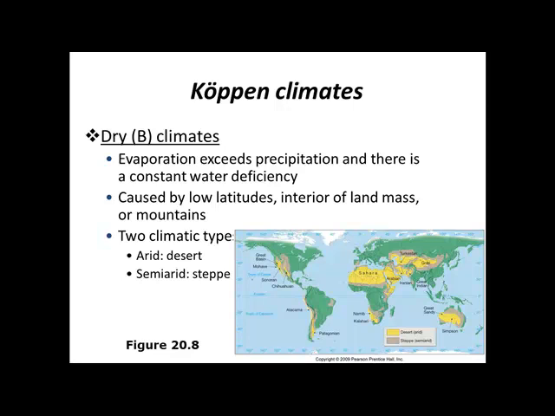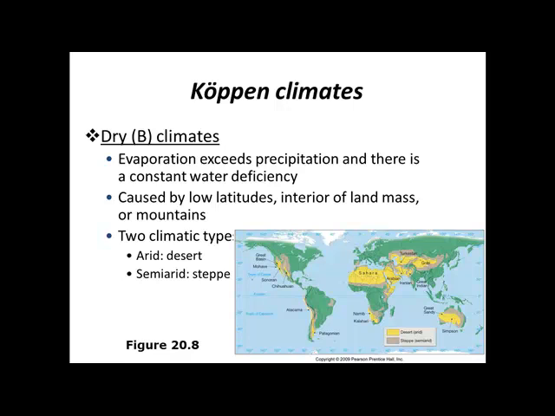Dry climates are often exhibited in areas of low latitudes, and they often occur in the interiors of land masses, such as in New Mexico, where we saw that continental tropical air mass coming up from Mexico that was bringing in warm, dry air, causing deserts to occur.